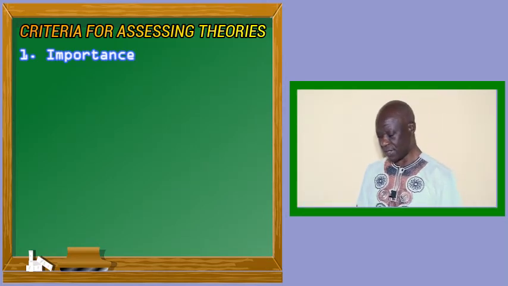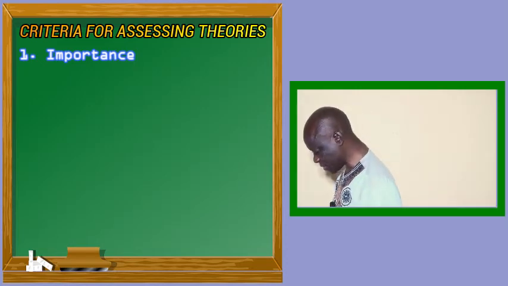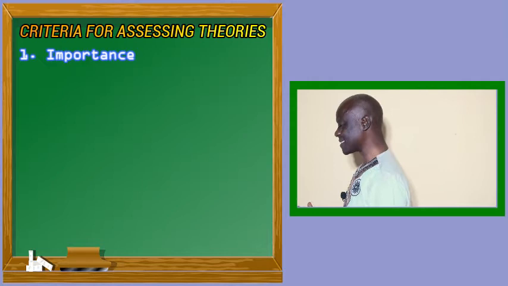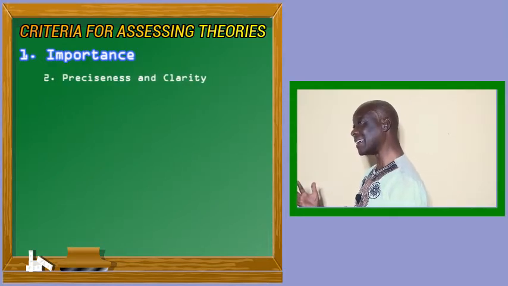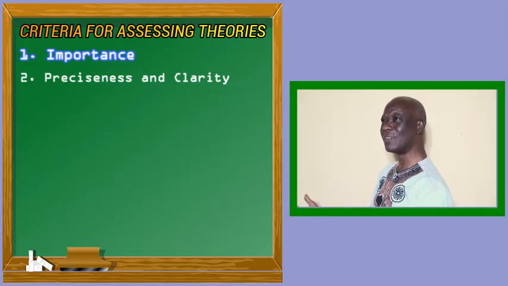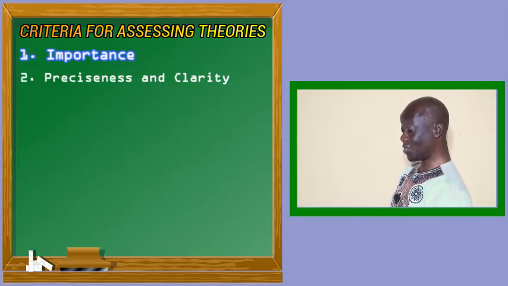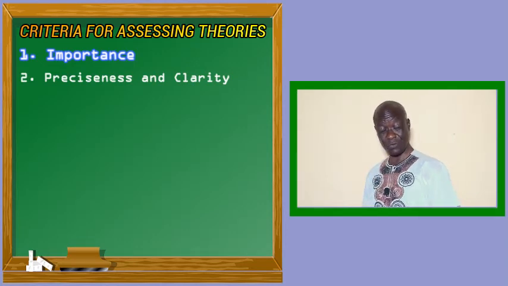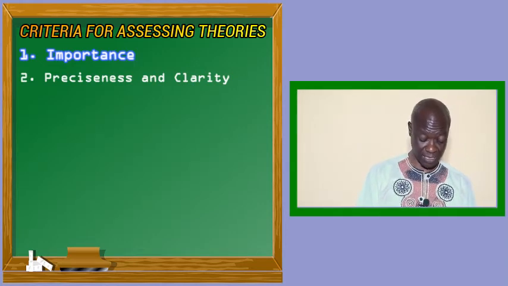So let's go to a second criteria that we use. The second criteria is called preciseness and clarity, right? So a theory should be understandable. A theory should be internally consistent. A theory should be free of ambiguities, ladies and gentlemen.